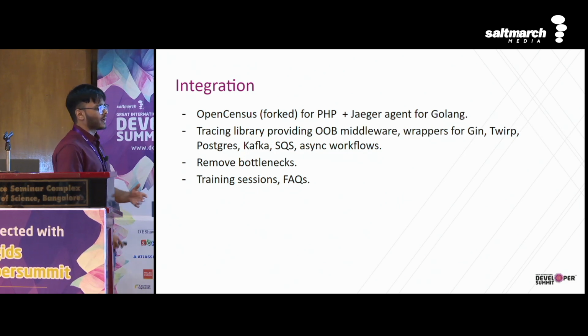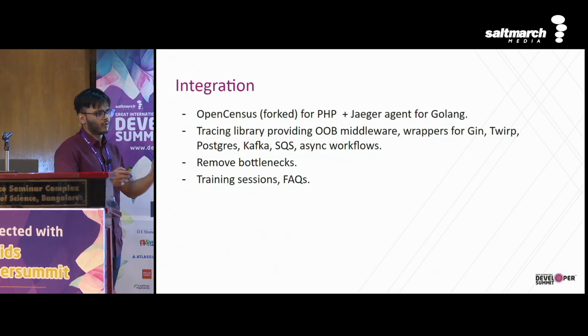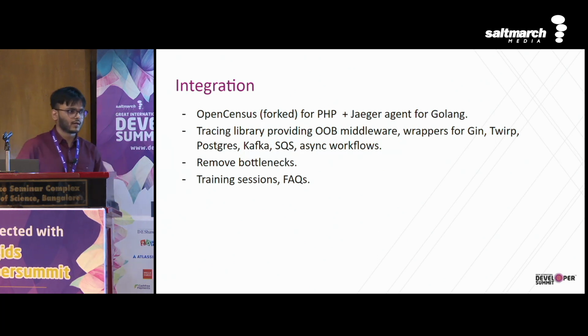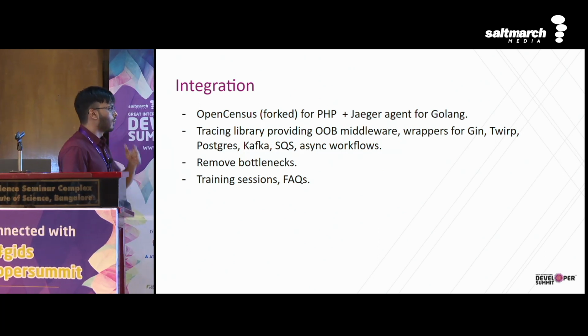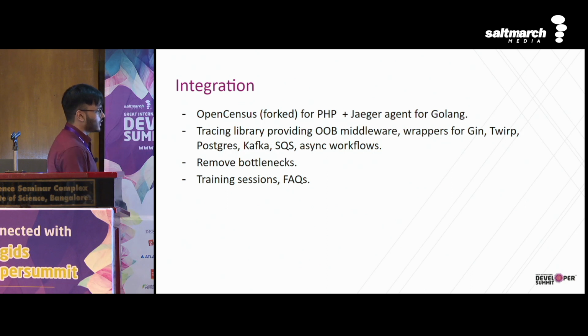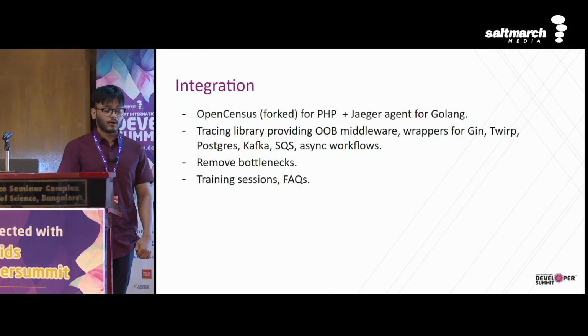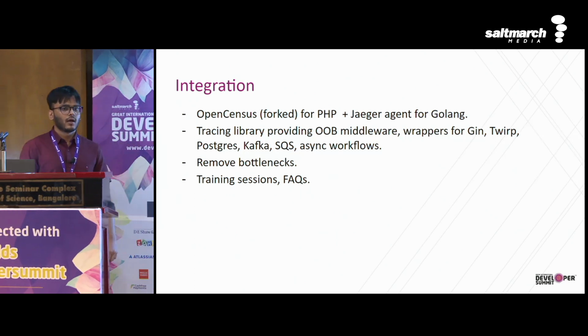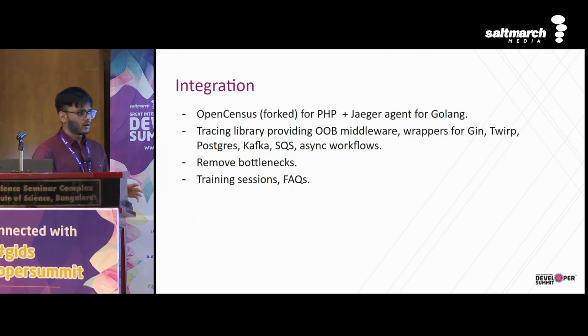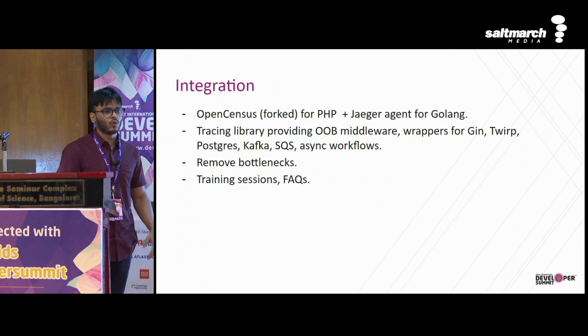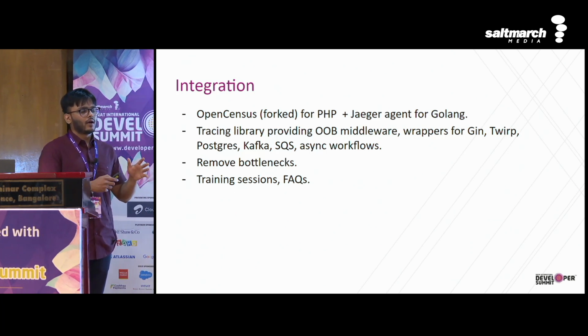OpenCensus, by the way, has merged with OpenTracing now to form OpenTelemetry. So OpenTelemetry is the only thing that is going ahead now. We use Jaeger agent for Golang. We wrote a standard tracing package for Golang applications, which follows a bit of a convention over configuration approach. So it helped us a lot to maintain the quality.